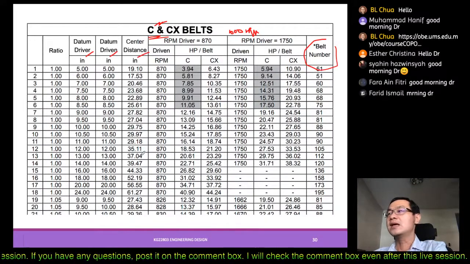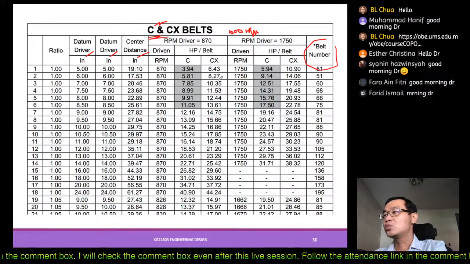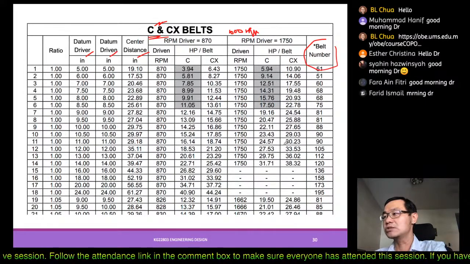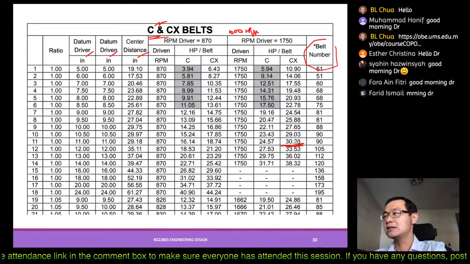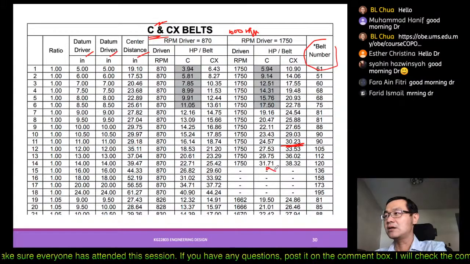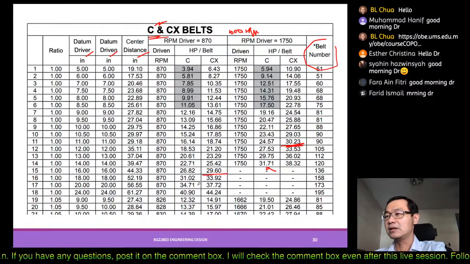From there we can now check which one would carry just now 33 horsepower. So we can see that here 33. So this one cannot, this one 33. And then this one 33, right, C type, and above.